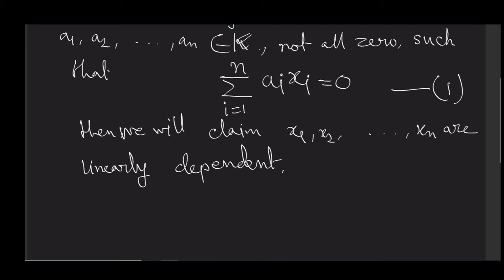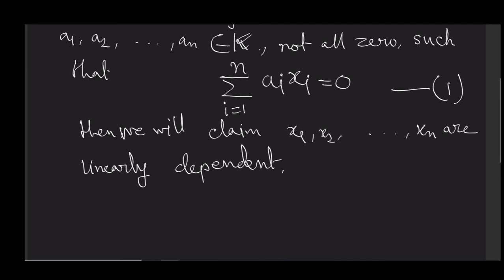Now, what is linearly independent? If all these vectors x1, x2, xn are not dependent, they are linearly independent.